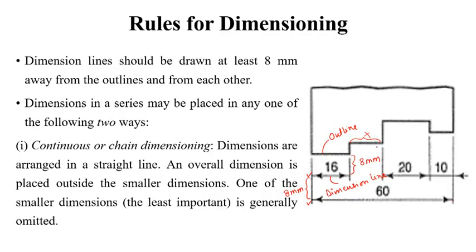So the omitted dimension we can easily calculate by finding 60 minus (16 plus 20 plus 10), and it will give the dimension of this part. So this is your continuous or chain dimensioning, where the dimension lines are arranged in a straight line.